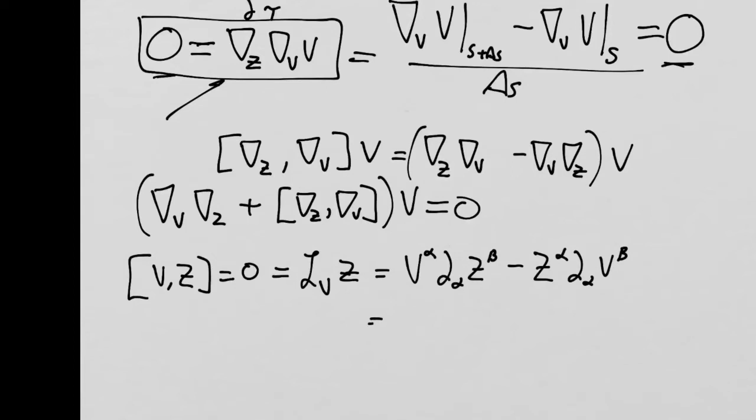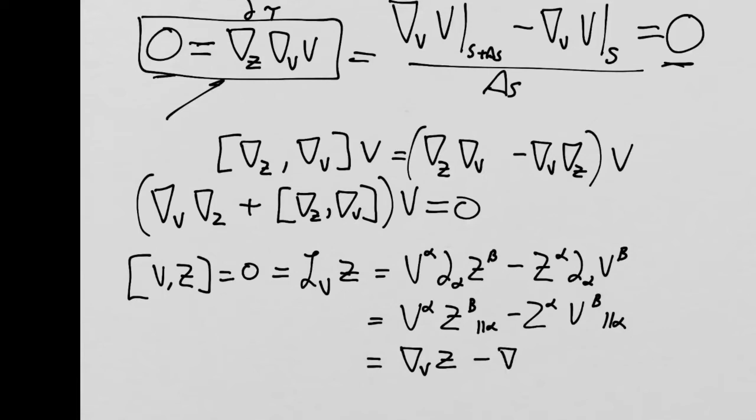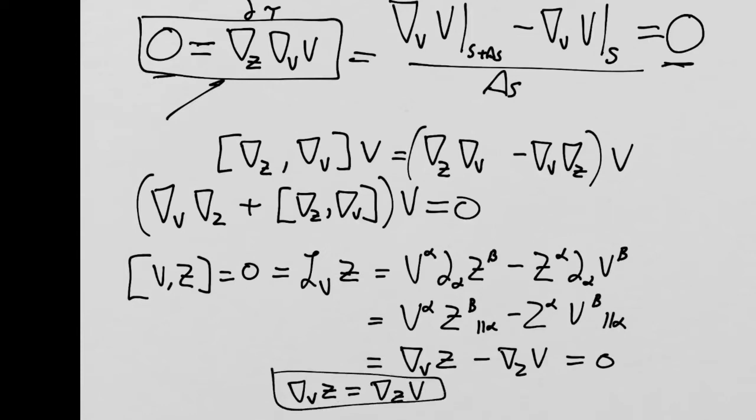Therefore, this is going to equal V^alpha Z^beta double bar alpha minus Z^alpha V^beta double bar alpha, which is basically the covariant derivative in the direction V of Z minus the covariant derivative in the direction Z of V. And we know that equals 0, so the covariant derivative in the direction V of Z equals the covariant derivative in the direction Z of V. Phew, okay. And I showed that last time too.